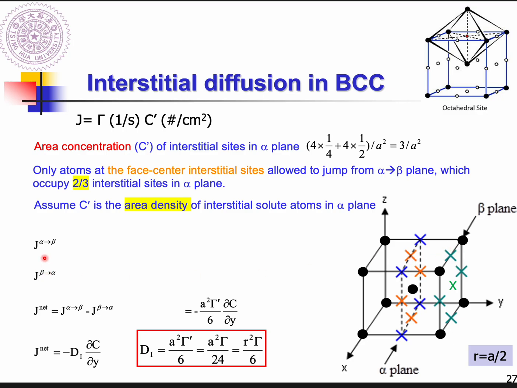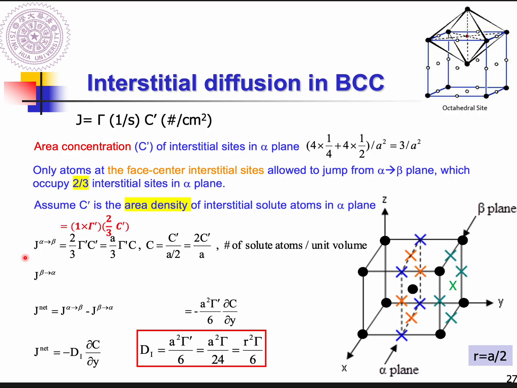Based on these descriptions, we can formulate J alpha to beta. The first one is the total jump rate, so you need to consider the jump directions. The direction is all the way to the right, and directions are vectors, right? These directions are parallel, so just one direction times gamma prime.